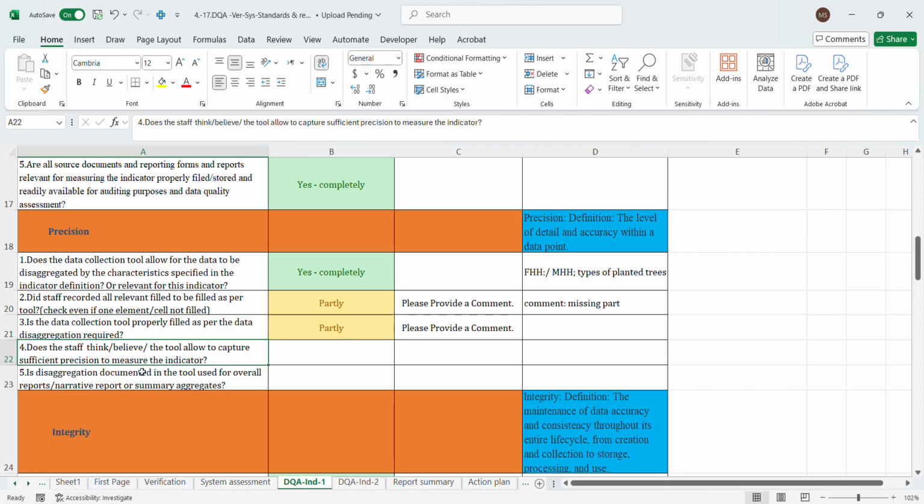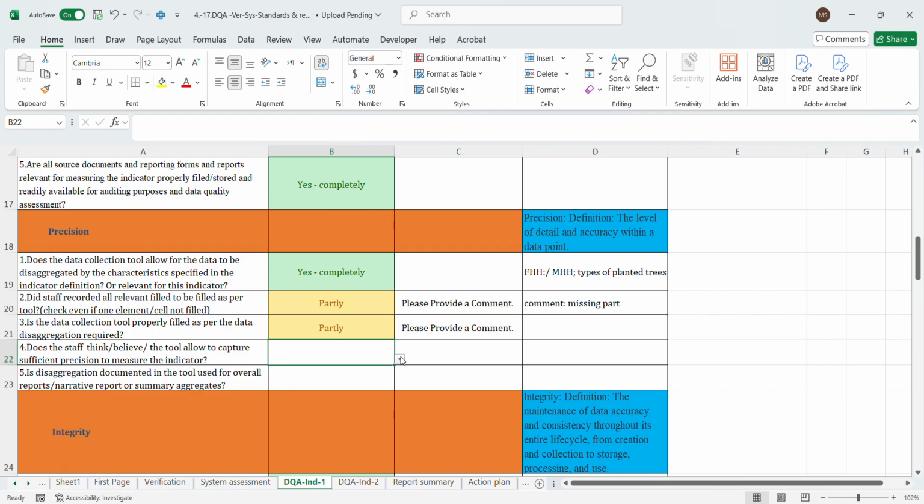The fourth question is, does the staff think or believe the tool allows capturing sufficient precision to measure the indicator? Again, we are discussing the same indicator. Does the staff think or believe the tool allows all the required precision measures at a sufficient level?